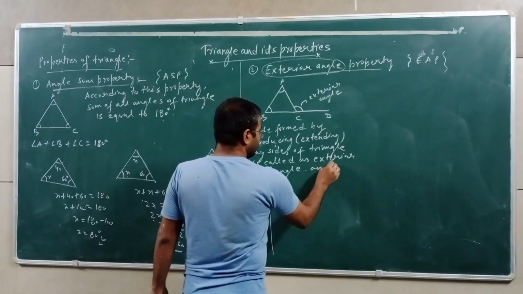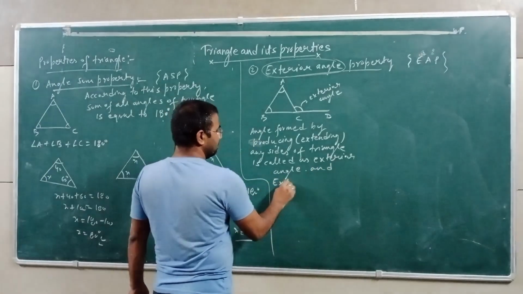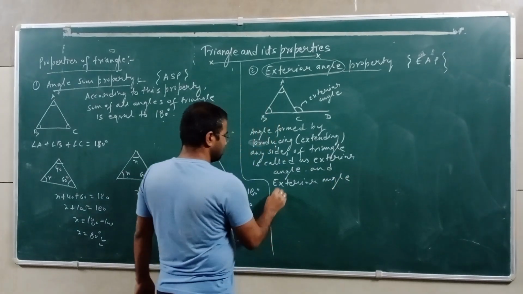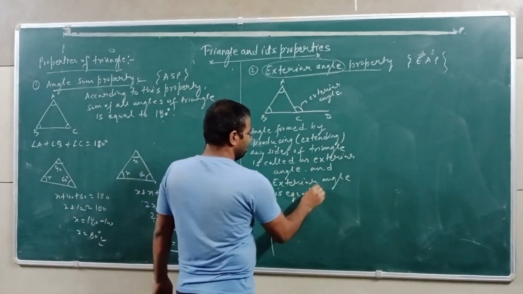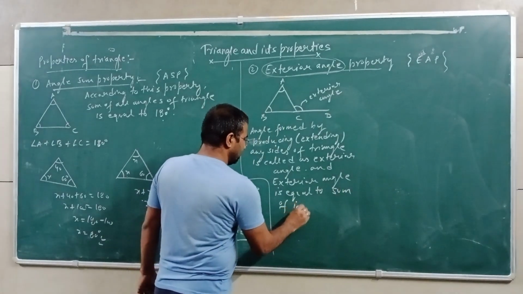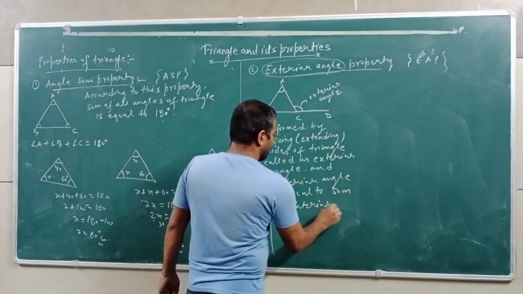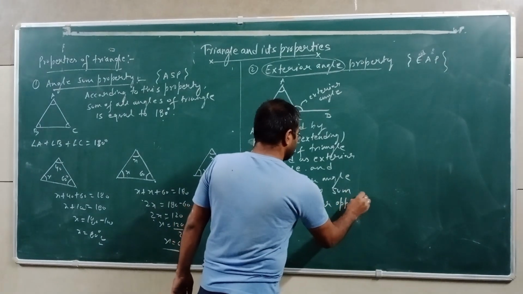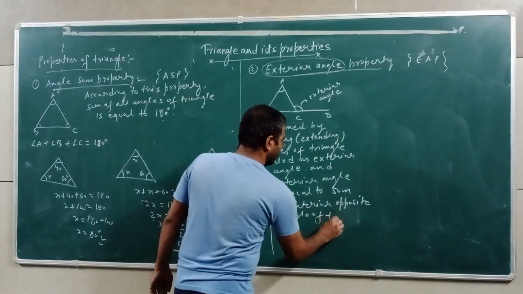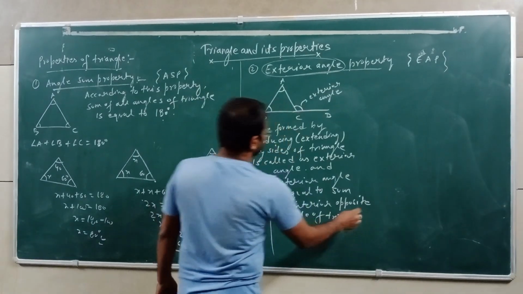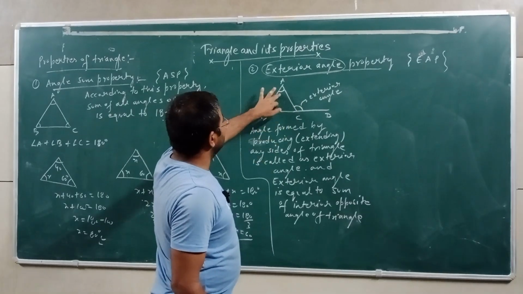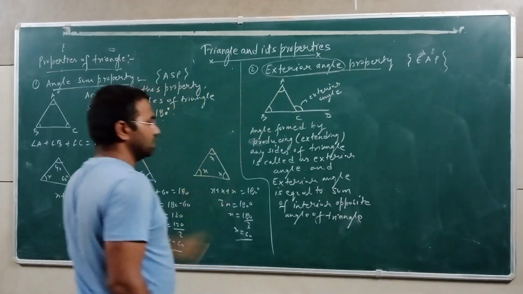Now how will you write this? The exterior angle is equal to the sum of the interior opposite angles of the triangle. So see here, you can see these angles are opposite to this angle, and both angles are interior angles of a triangle.